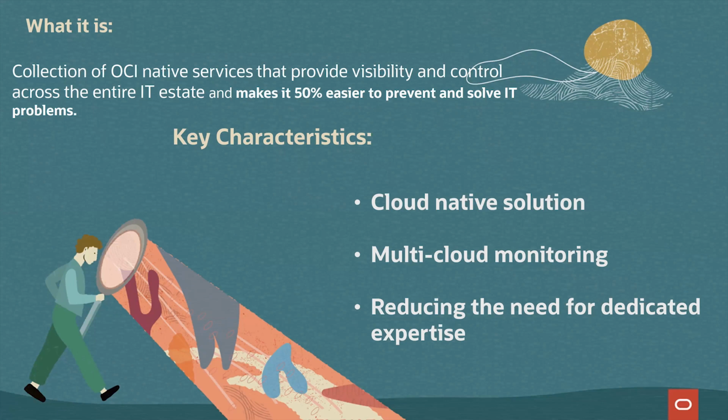It also provides multi-cloud monitoring across Oracle Cloud Infrastructure, Amazon, Microsoft Azure, as well as customer data centers. And you'll see it reduces the need for dedicated expertise with built-in machine learning for automated troubleshooting.